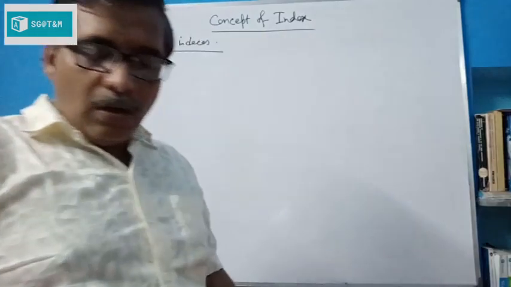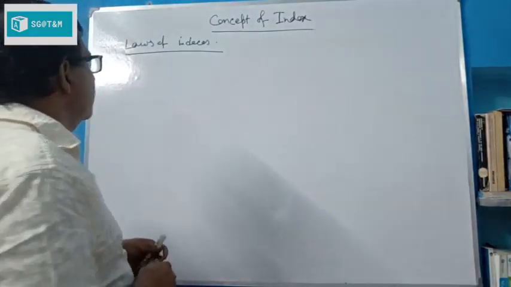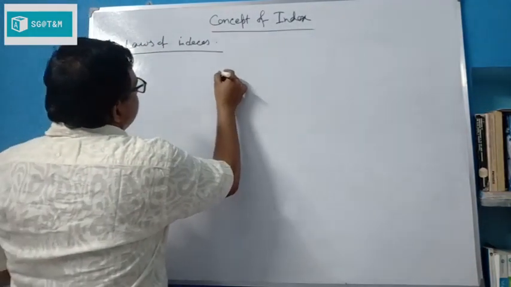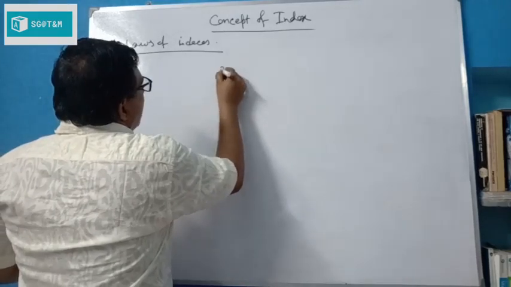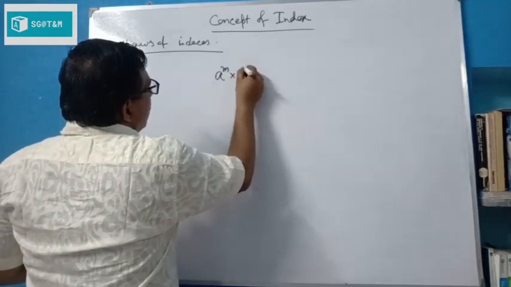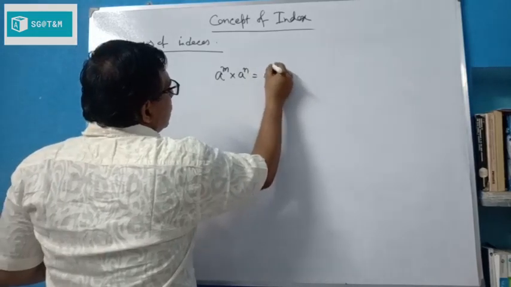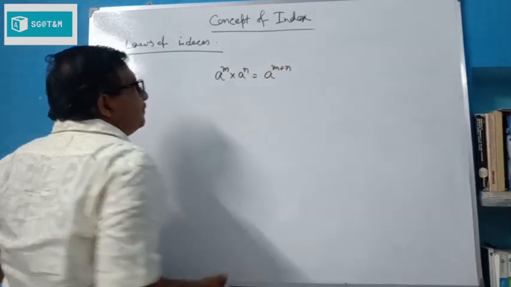So what are the laws of indices? Very simple. A to the power m into a to the power n is equal to a to the power m plus n.